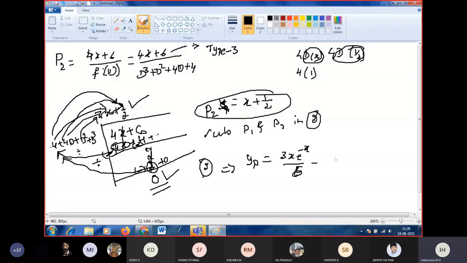Next minus P2. P2 is x plus 1 by 2. Where there is a minus, put the bracket. Be careful.